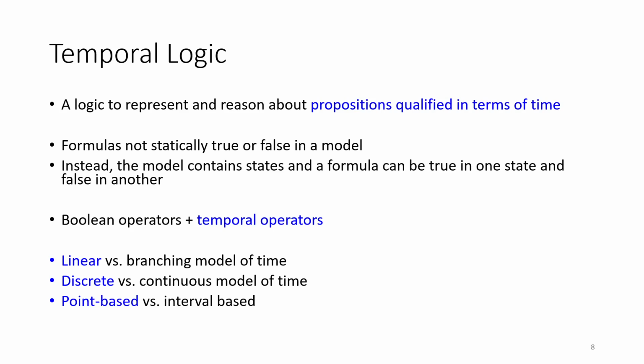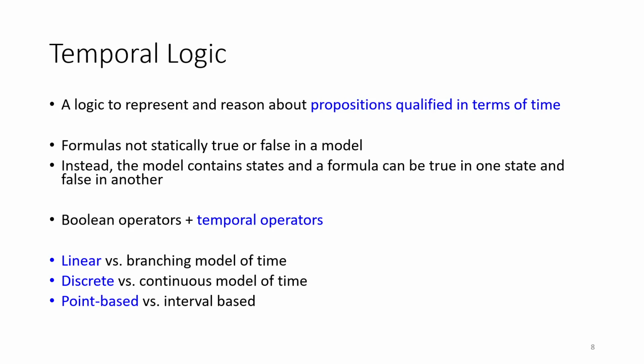Point-based is you have basically one thing happening at one time, but interval is you could have multiple things happening between time steps. And you can combine these, so in discrete ones, you could have a sequence of events that could have happened in this interval between the discrete points. And then in the continuous, of course, you can imagine that there are intervals implicitly. Anyways.